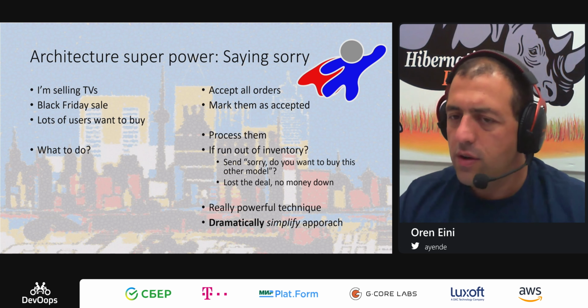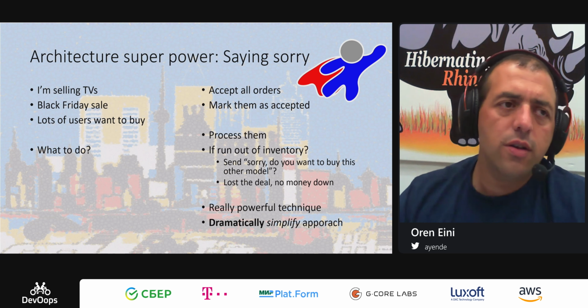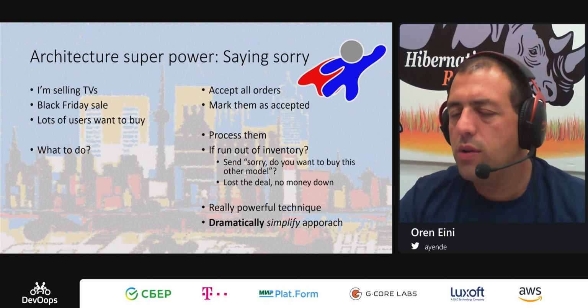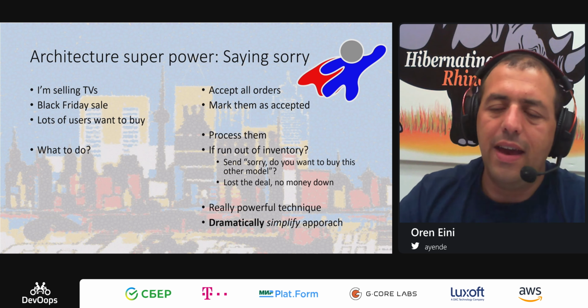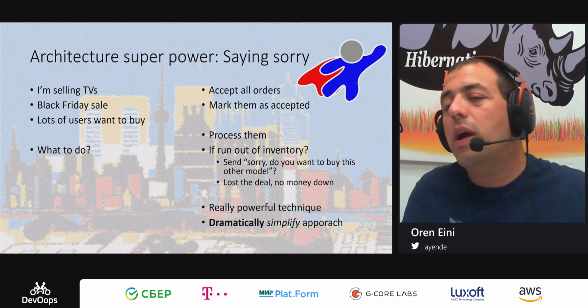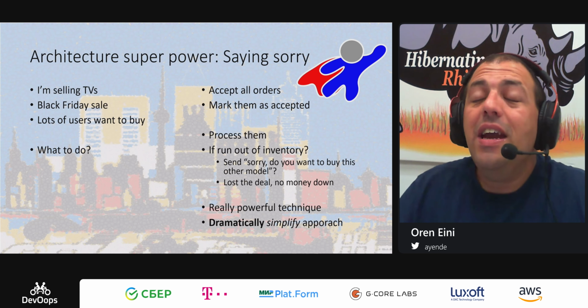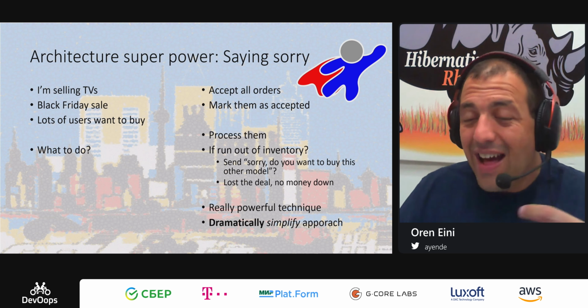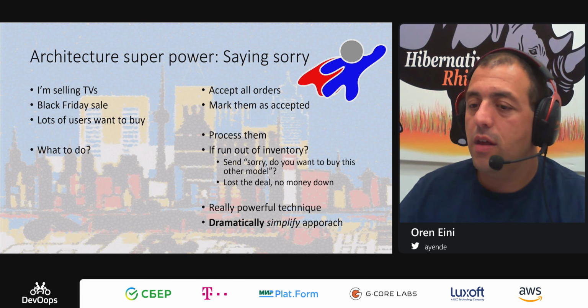And if I run out of inventory, I'm going to say, sorry, couldn't manage that. And I can give them an offer for another model. I can say, okay, sorry, we refunded your money. Here is a coupon code for the next time so that I can actually give you more business.